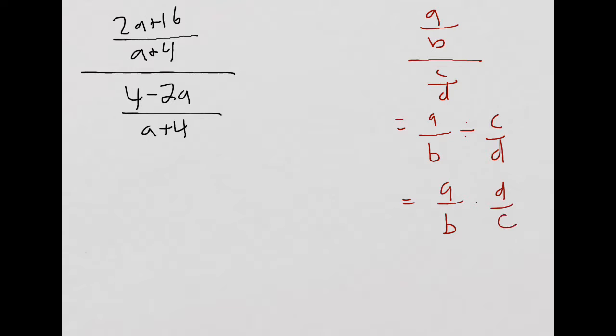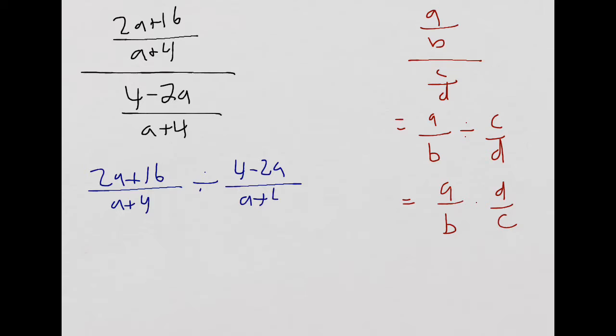Remember, we can only use this property when there's one fraction in the numerator and one fraction in the denominator. That's the whole point of combining these. We combine them into one fraction. So now let's rewrite it. It's 2a plus 16 over a plus 4 divided by 4 minus 2a over a plus 4.